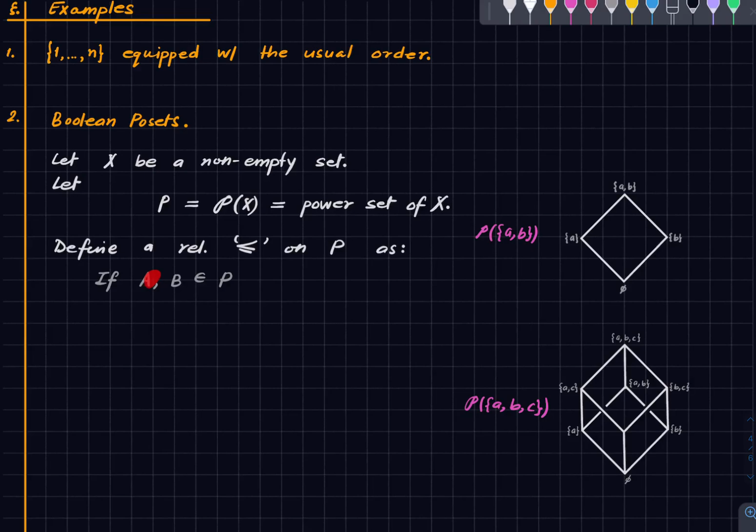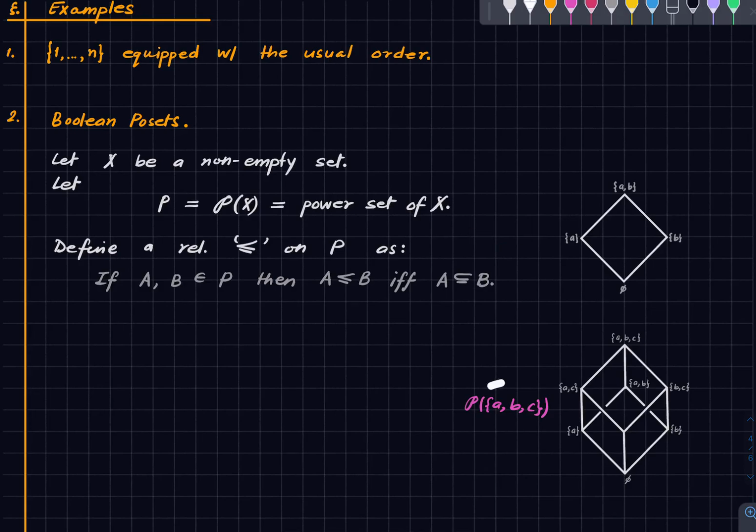A could be the empty set, and that's perfectly okay. If A and B are in P, then A less than or equal to B if and only if A is contained in B.